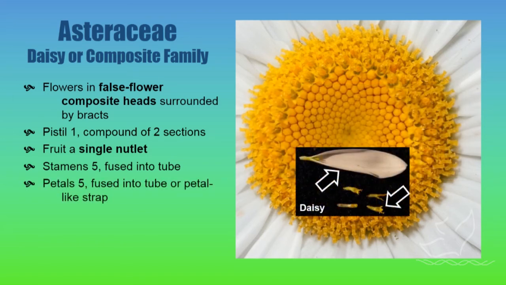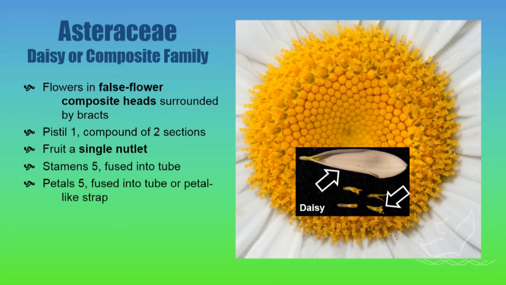Petals are 5. Now they can form a little tube with 5 lobes radiating, like we see in the central flowers from the daisy, or they can be fused into a single strap-like structure that looks like a petal. So in the flower head, the false flower head, in a daisy, what looks like petals around the outside are actually strap-shaped flowers.